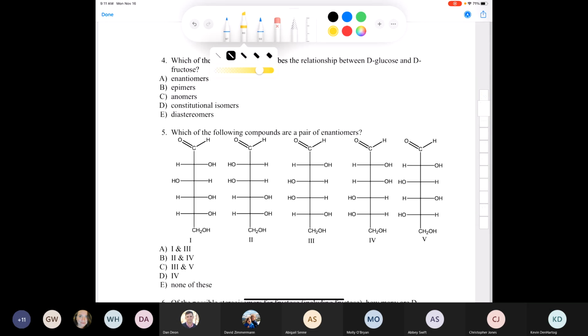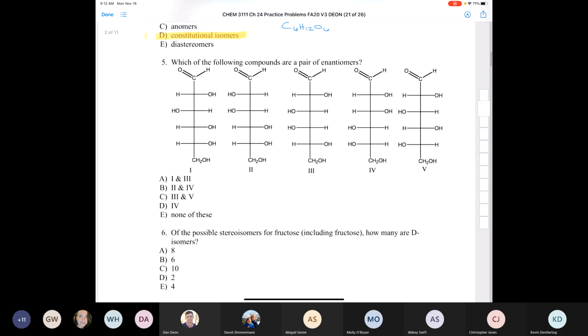Yeah, Winona's correct. She says constitutional isomers, right? Because D-glucose is an aldose, and D-fructose is a ketose. So they're not enantiomers, they're not epimers, they're not anomers, they're not diastereomers, but they both have the same molecular formula, don't they? They both are C6H12O6. Because D-glucose is an aldohexose and D-fructose is a ketohexose. And so they are constitutional isomers of each other.